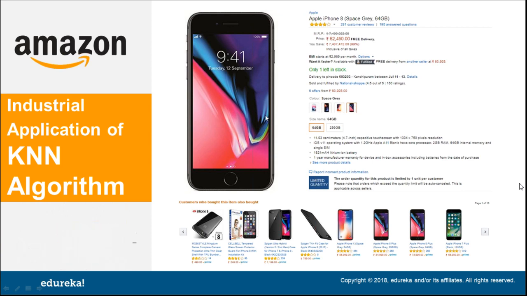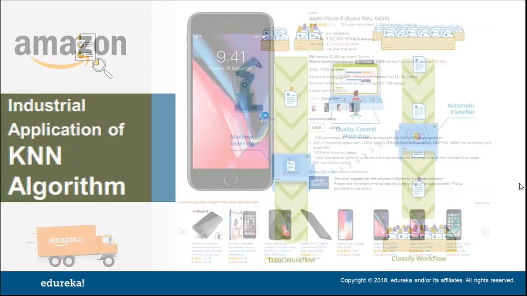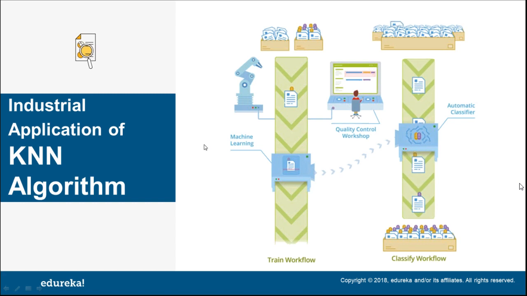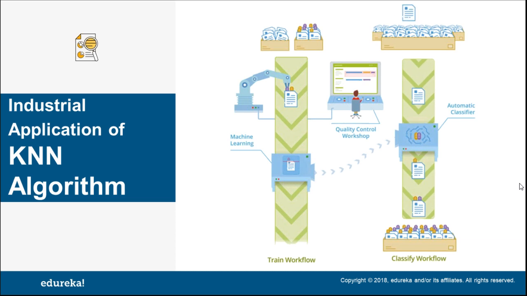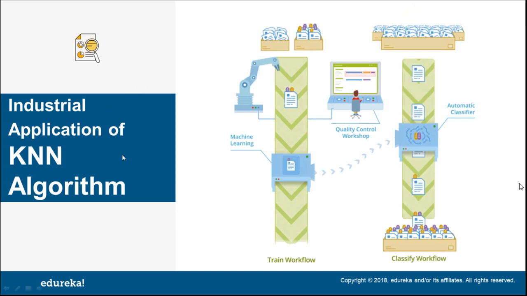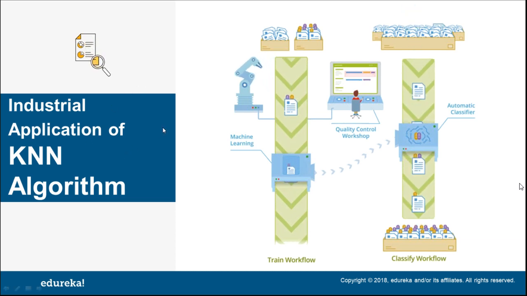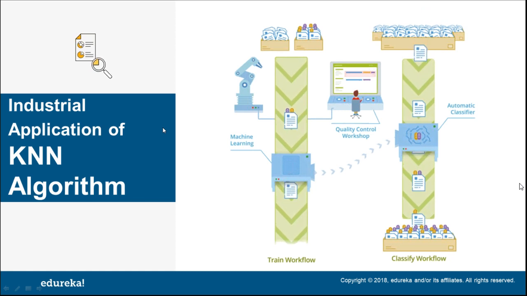Let's see the next case study. You can use it for quality control in a workshop as well. In industry, it can be used for quality control, where using machine learning you first teach it which are the defective parts and which are not.